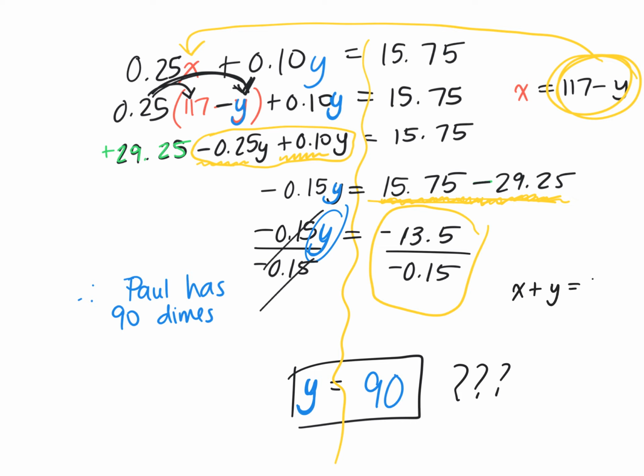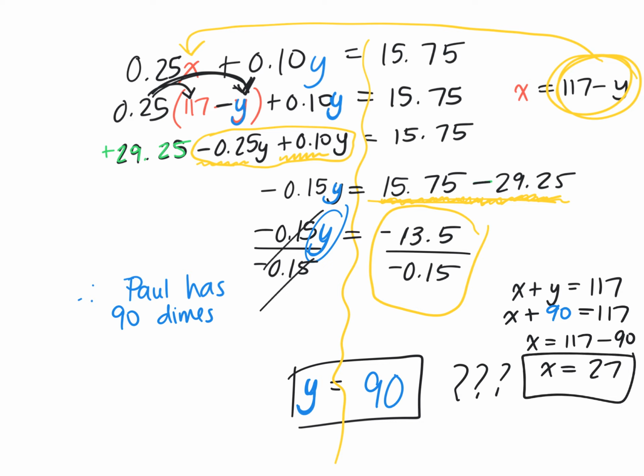X plus y equals 117. I need to know x. I know now that y is 90. So x has to be equal to 117 minus 90, right? What's x equal to? 27. So therefore, Paul has 90 dimes and how many quarters? 27 quarters. Does that make sense?